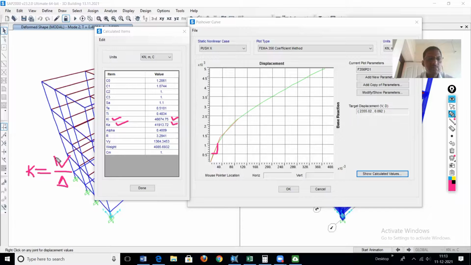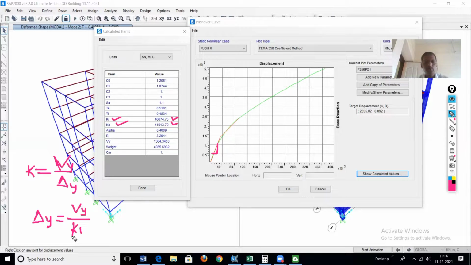So consider base shear at yield point Vy, and we require the displacement at yield point. The equation for stiffness is K equal to Vy, the base shear at yield point, divided by the roof displacement at yield point. So the roof displacement at yield point, delta y, will be equal to Vy divided by the initial stiffness Ki.